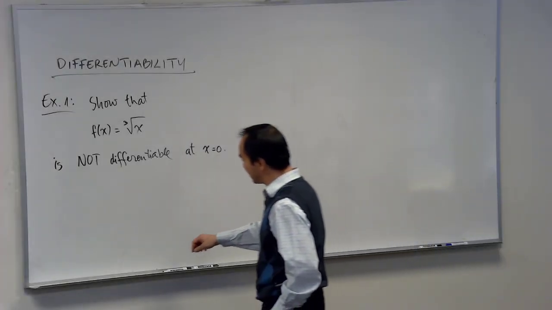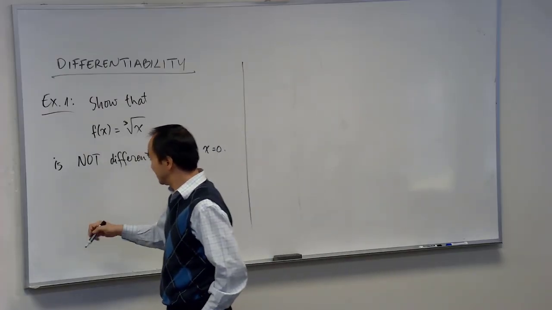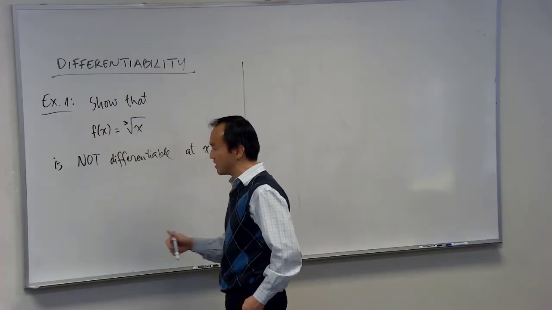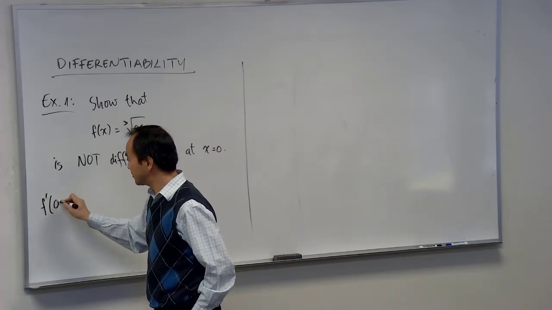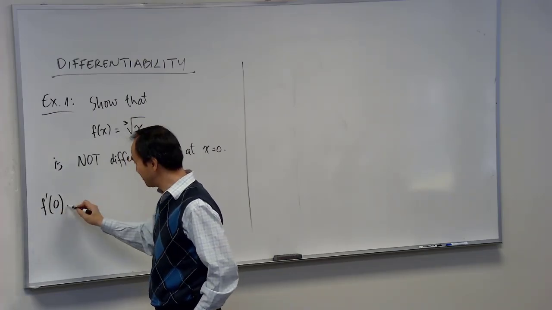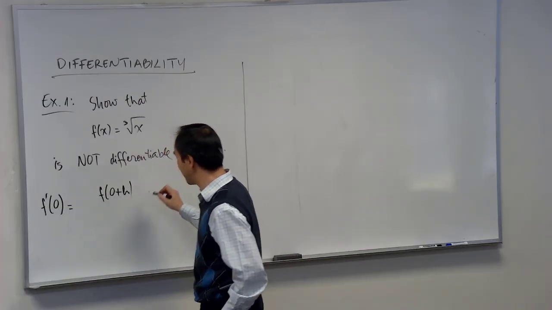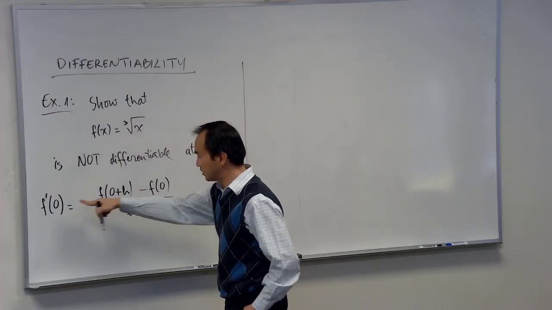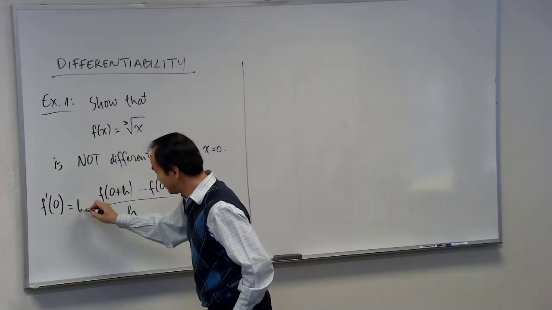So we definitely have to roll back to the limit definition. We don't have a direct formula for this. I mean, we do, we use the power rule, but it's not as straightforward. So just a start, f prime of 0. The starting point here is we set up that famous difference quotient, f of 0 plus h, minus f of 0, and we divide that by h, because we want to set up the formula to calculate the slope of the tangent line at x equals 0.